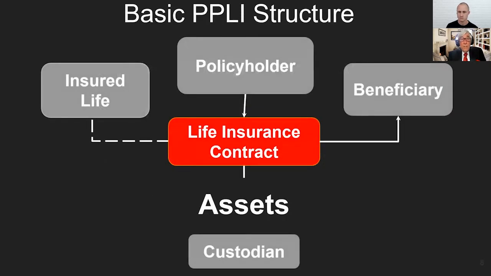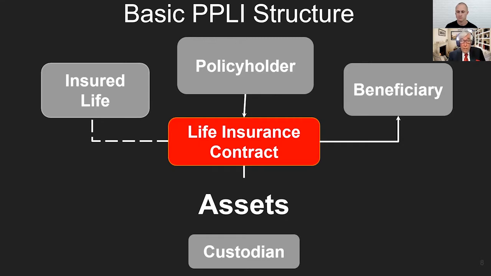So here's a basic PPLI structure, but like we've said in several forms in the past, it's basically the same structure as any life insurance policy. You have the policy holder, which may or may not be the same as the insured life or lives. You have beneficiaries, and you have assets. So in a PPLI, what's different are the assets.